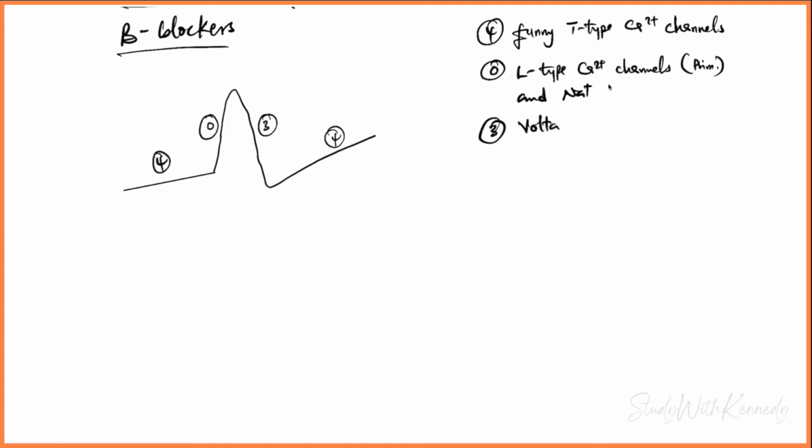And here we are going to have voltage-gated potassium channels. All right, so you want to remember those. We said phase 4, calcium channels. Phase 0, calcium channels, but different types, and sodium. And then phase 3, voltage-gated potassium channels.